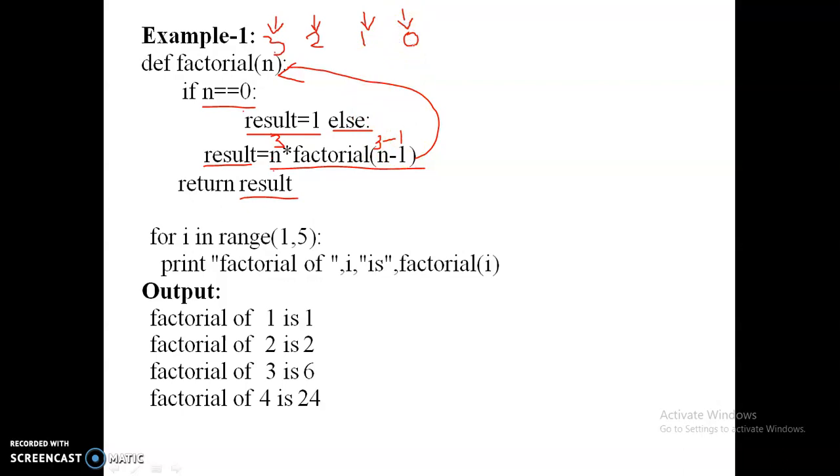In this copy, n value becomes 0, so result becomes 1. This 1 is returned back to its previous copy.